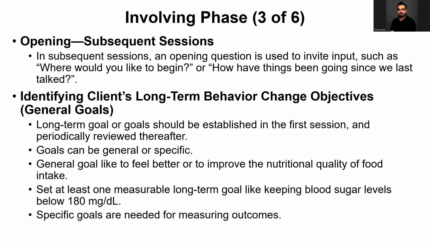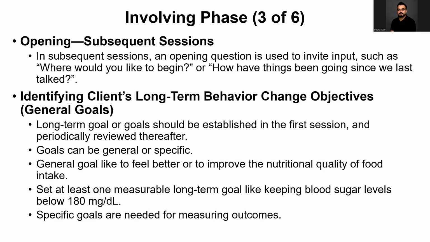So we need to set at least one measurable long-term goal. A goal like I would like to feel better is not measurable, and I would like to improve the nutritional quality of my food intake is not a measurable long-term goal either. These are general goals, so we cannot measure them.